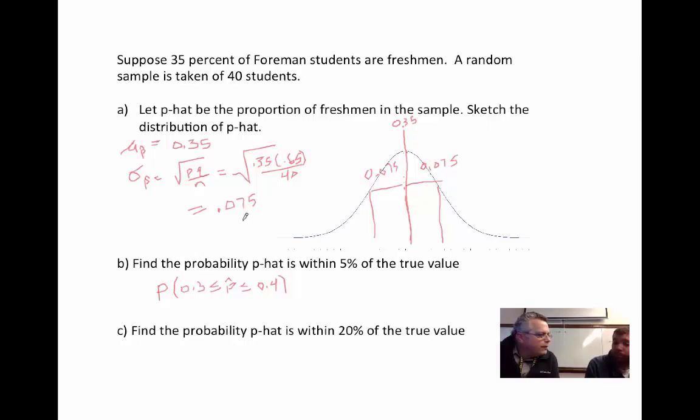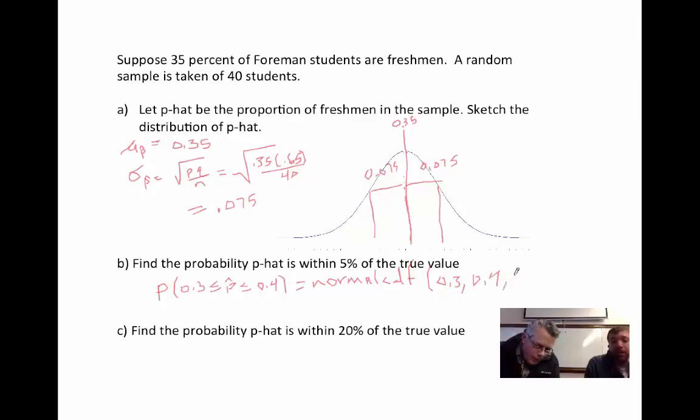Okay, so we're going to use normal CDF. Bringing it back. The lower limit is 0.3. The upper limit, 0.4.